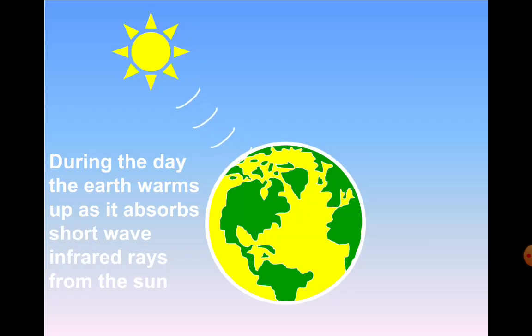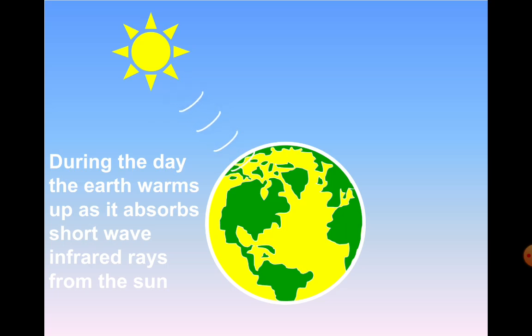Now, we have the sun, which gives all types of light, even ultraviolet light, even dangerous radiation, but we are protected by our atmosphere. But part of the electromagnetic wave that comes from the sun is the infrared wave, the short wave.